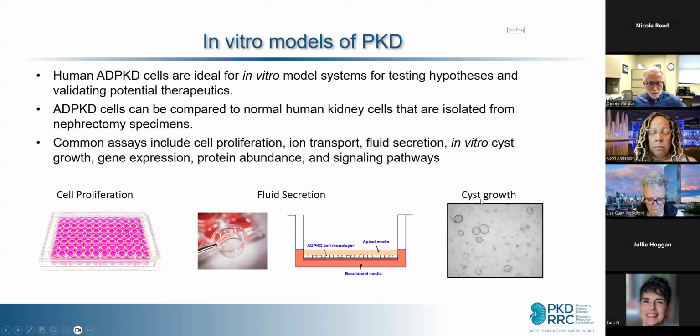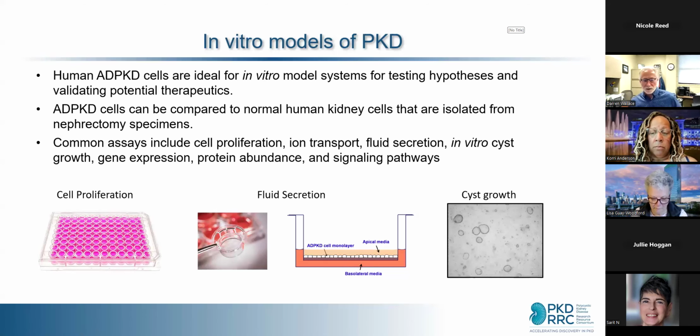One of the more popular assays nowadays is in vitro cyst growth, where the ADPKD cells can be seeded within a semi-solid matrix called collagen. And it's kind of like Jello, where it's semi-solid, but the cells can grow within it. And if you treat the cells with certain agonists, they'll form cysts, much like they do in vivo.